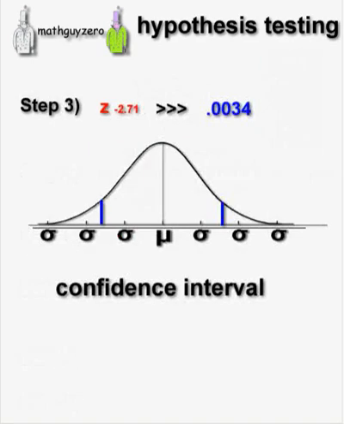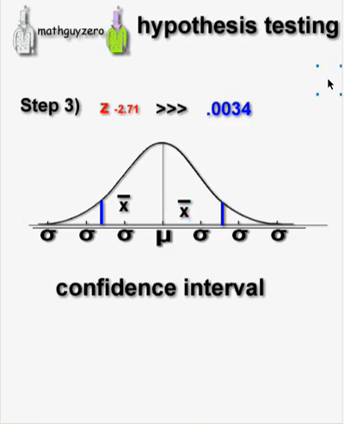Remember what a confidence interval was from last chapter. What that said was that if we repeated the experiment many, many times, the means would fall somewhere between these two intervals 95% of the time, 90% of the time, whatever our confidence level was. So that's what a confidence level is.